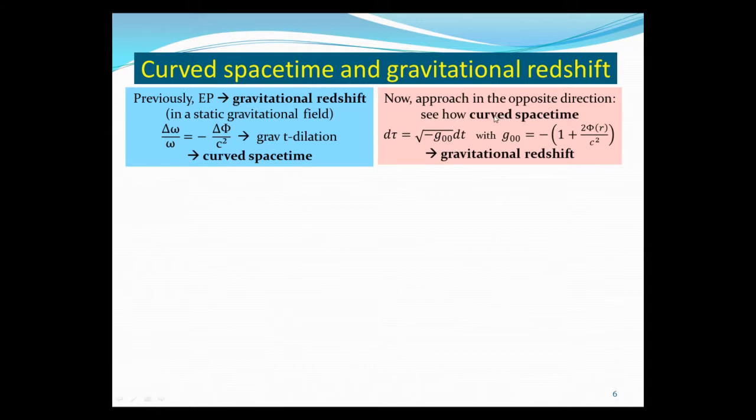We can show how curved space-time implies directly the gravitational redshift. The curved space-time is expressed, for example, in that the proper time interval is related to the coordinate time interval by this non-trivial metric element g00, which is related to the gravitational potential.